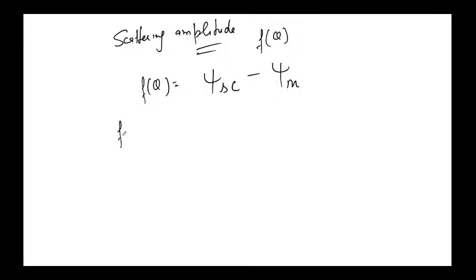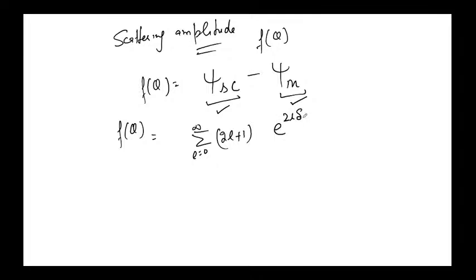Because we know both values, from that the scattering amplitude we can write as the sum of 2l plus 1, exponential of 2i sigma_l minus 1 over 2ik, into P_l cos theta.